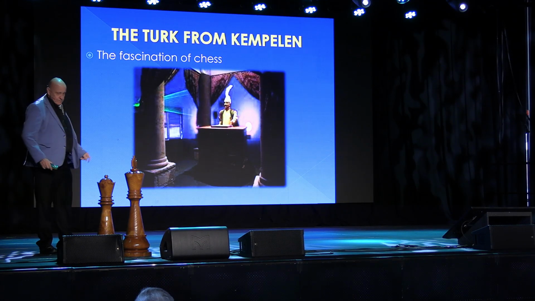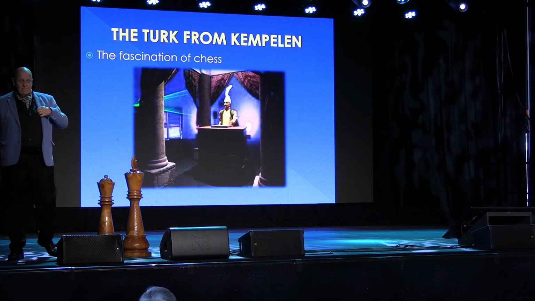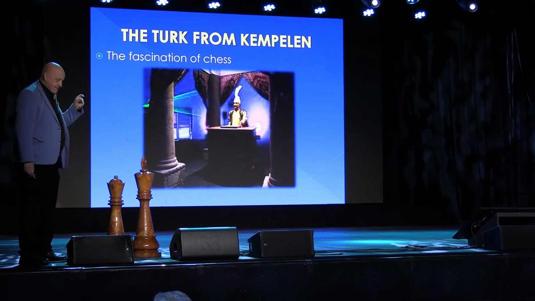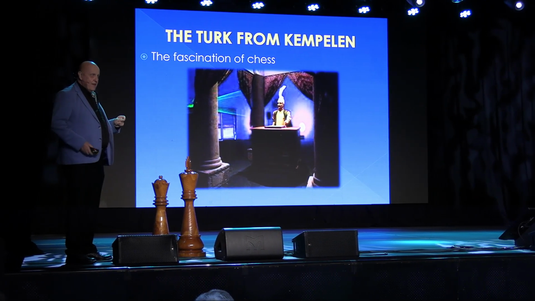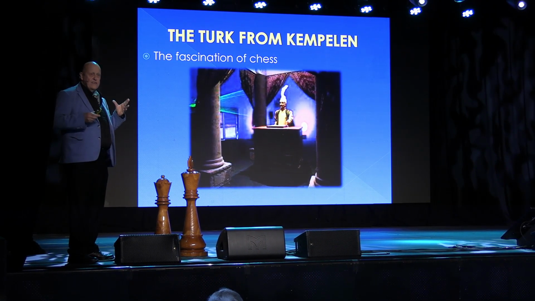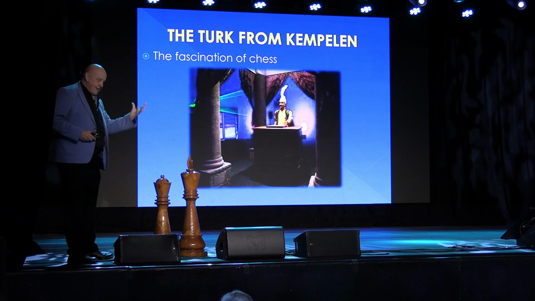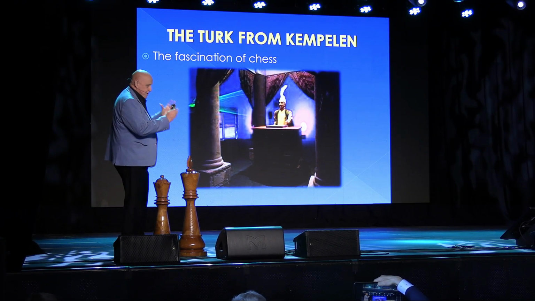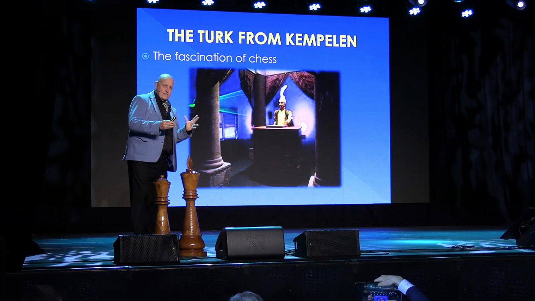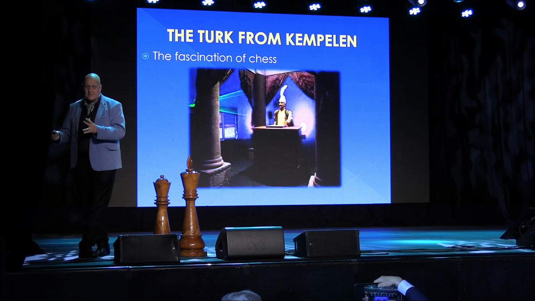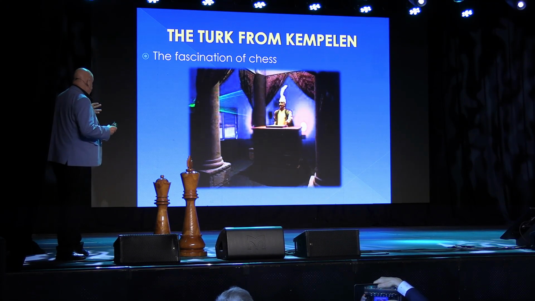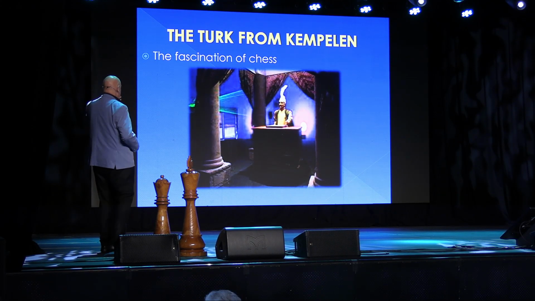Now, following the same idea, I will emphasize that for centuries, the most prominent inventors were obsessed with the idea of creating a chess machine, a machine able to play chess. That takes us to the 18th century.